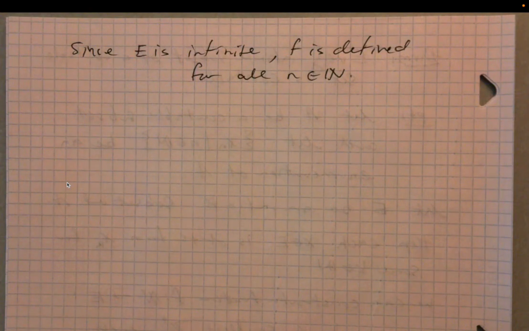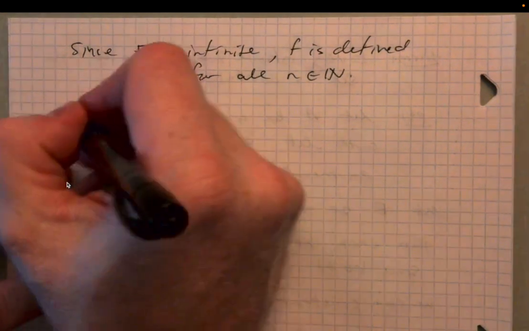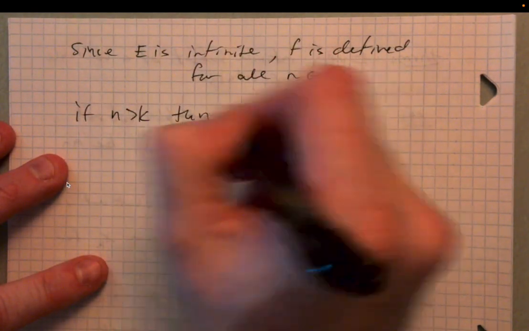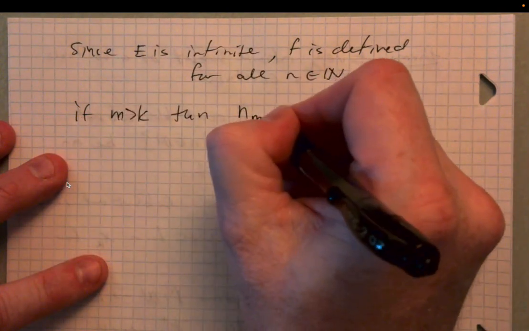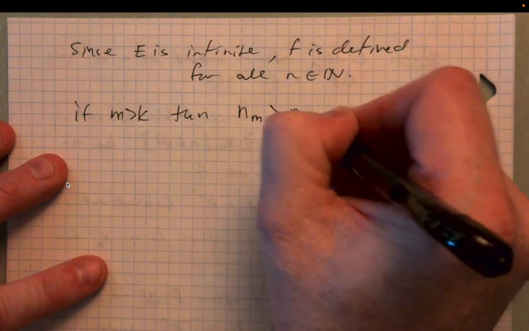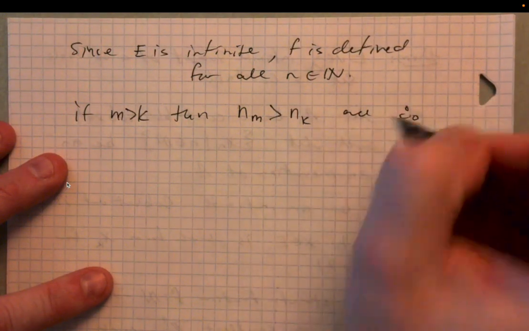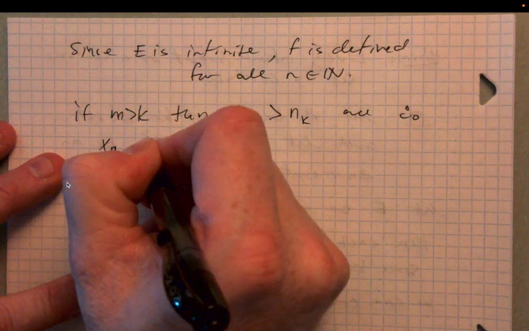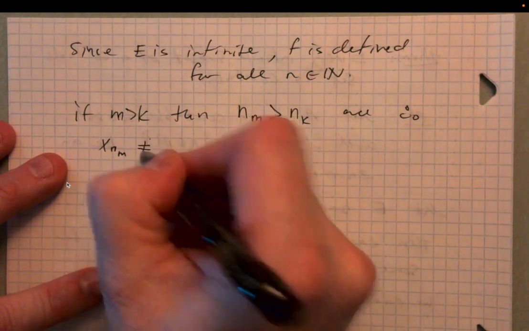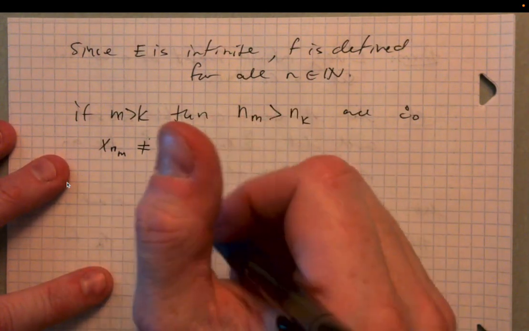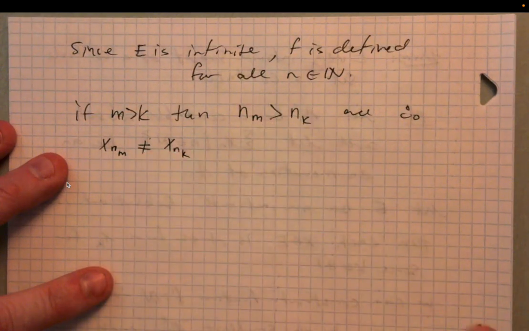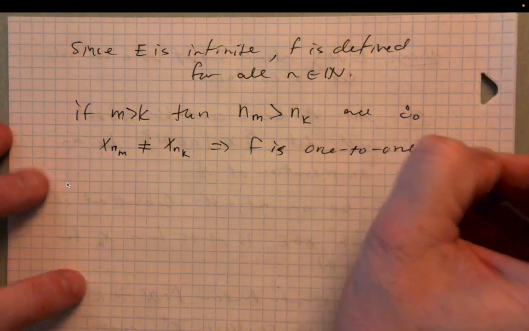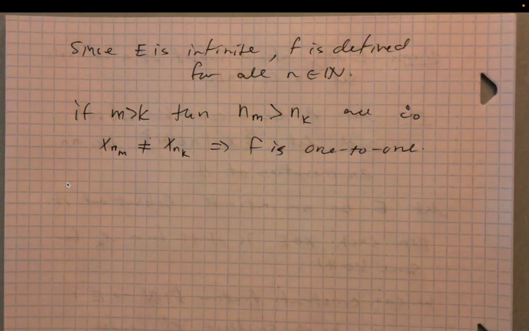And then we can also say that if m is greater than k, then n sub m will be greater than n sub k. And therefore, f will be 1 to 1, because x of n sub m will be not equal to x of n sub k. Okay, so f is 1 to 1.